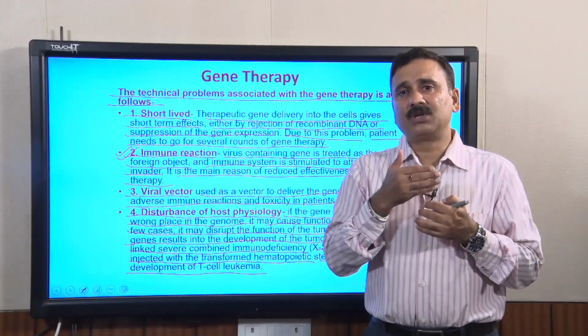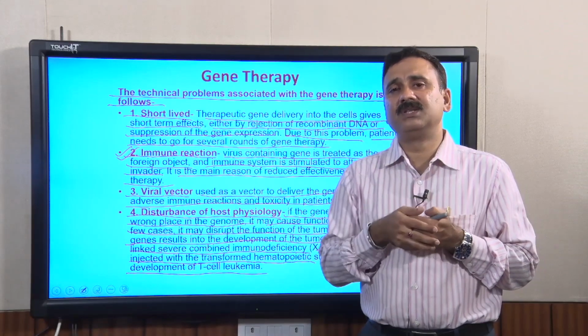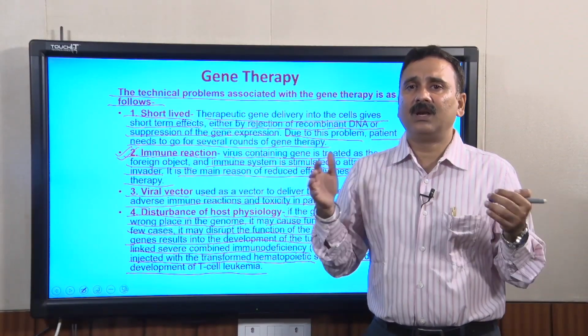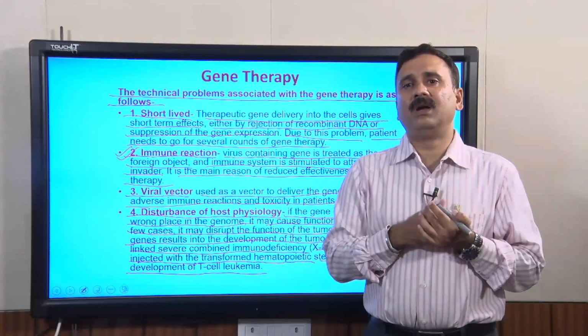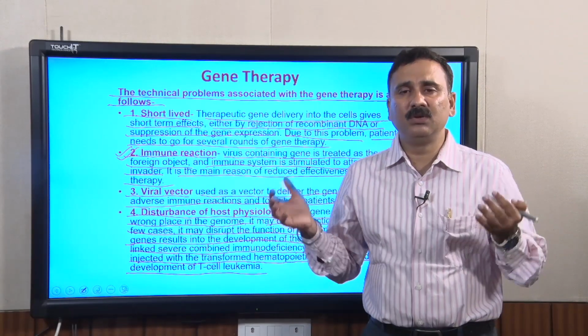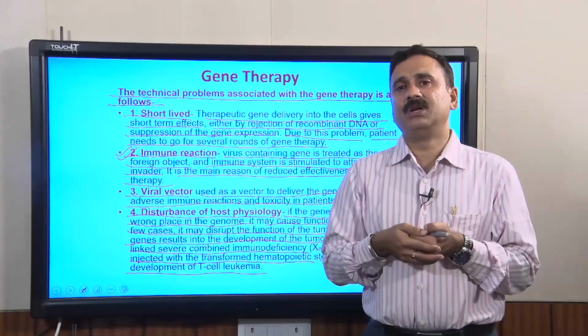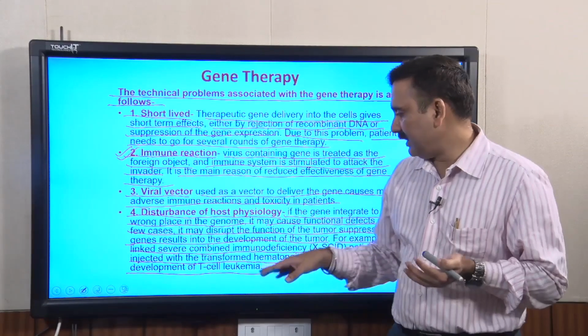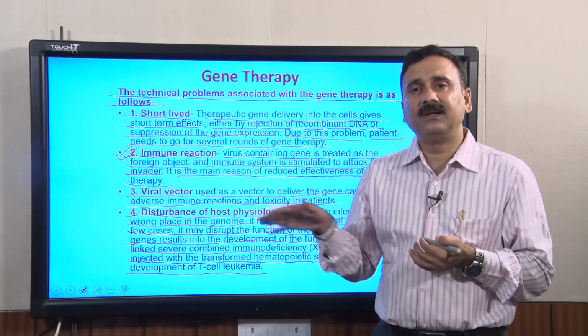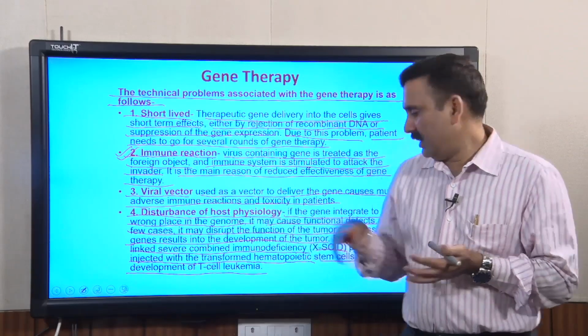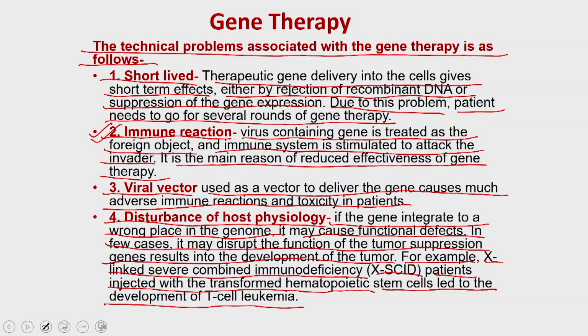If you remove the tumor suppressor gene from the system, you are spontaneously going to develop a large quantity of tumors, and that is exactly what happens in the SCID patients. If you take these SCID patients and inject them with hemopoietic stem cells, they eventually develop T cell leukemia.